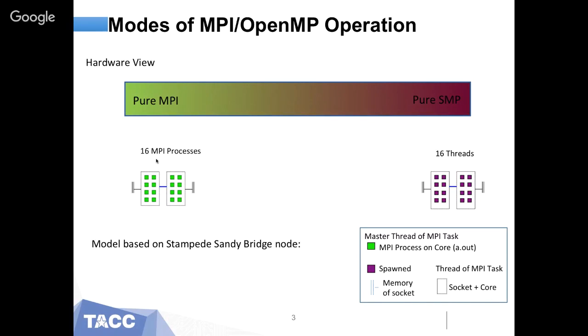Okay, and when they do their communication with each other on a node, if say I had 16 cores here and I spawned 16 MPI processes, those MPI processes are real processes in the sense that they have their part of the memory that they know about, and they can't see anybody else's memory at all.